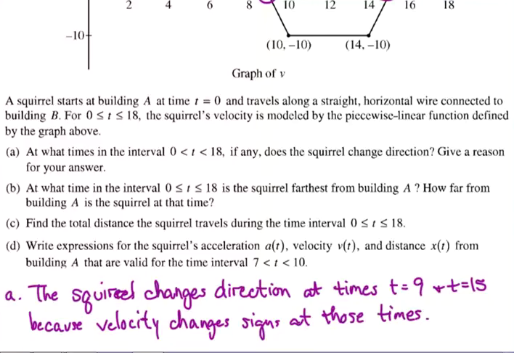Okay, so easy. You get 1 point for the t values, 9 and 15, and 1 point for your explanation. So easy start here.